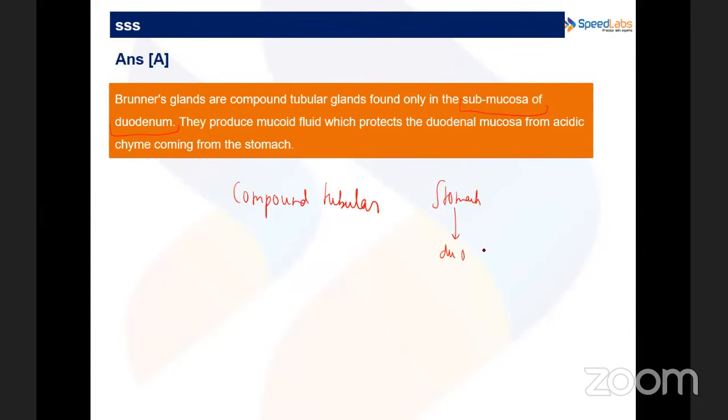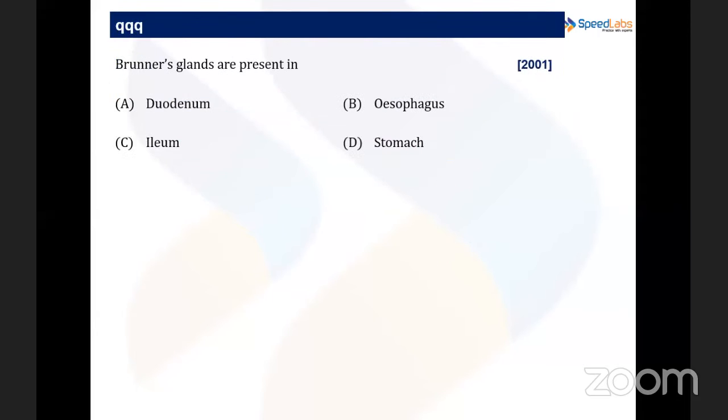So to protect from the acidic chyme, it releases mucoid fluid so that the duodenal mucosa is protected from the acidic chyme. I hope this question is clear to all of you. The Brunner's glands are present in duodenum. Now let's move to the next question.